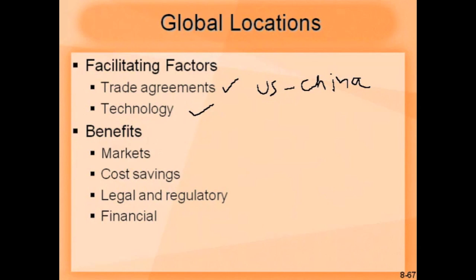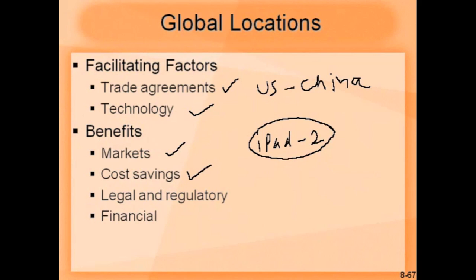Benefits of global locations are a company gaining access to more and more markets. For example, iPad 2, when it was released by Apple in the US, after a week or so they also released it in Europe and subsequently in Asia. So that's the benefit of getting access to global areas.